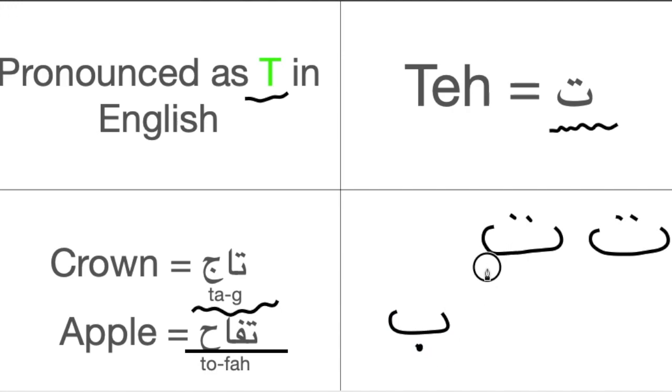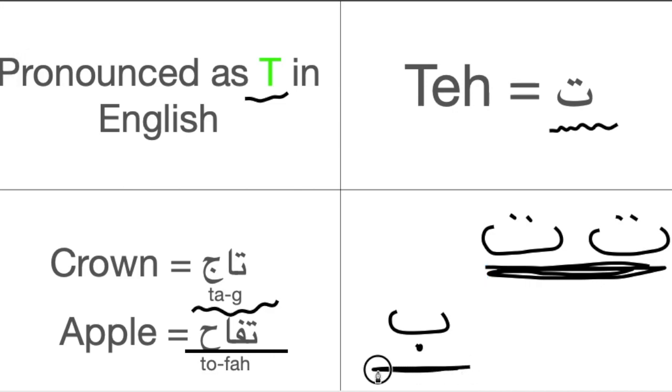So this is T, your plate with 2 dots on the top, but this is B, your plate with 1 dot on the bottom. T, pronounced as T in English. B, pronounced as B in English.